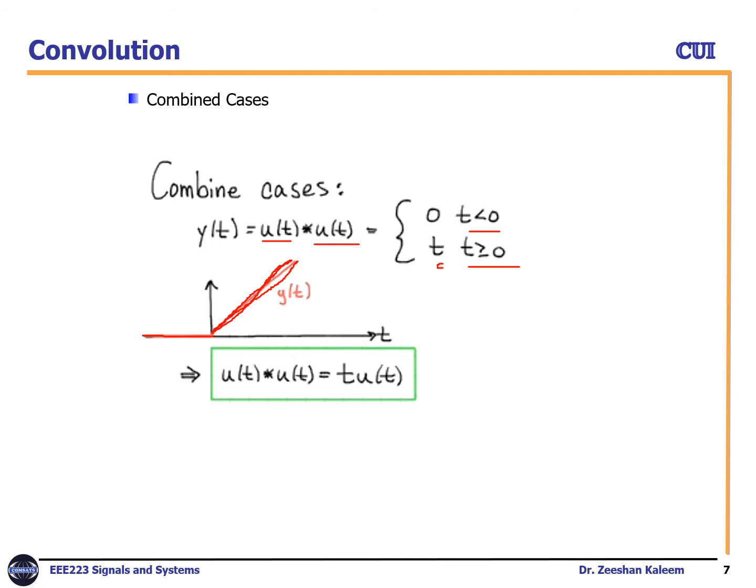So what we get, the convolution of the unit step function with the unit step function, is t u(t), right? Because if we want to write without any limits, you can just write t u(t). It's clear from u(t) that there will be no output before 0, like at this point. So this was one example to clarify the idea about convolution for a continuous case.